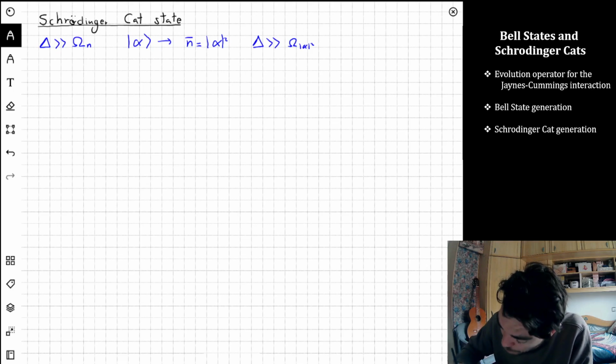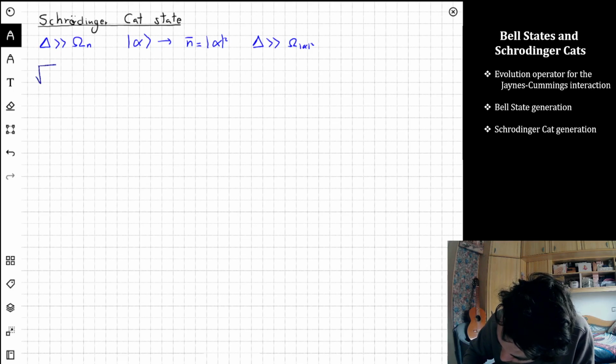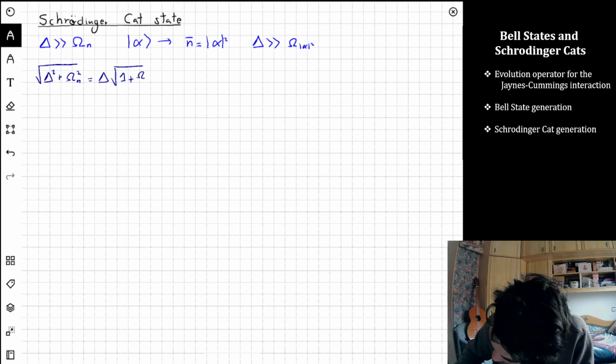So if this happens, then if you remember that we have this delta squared plus omega n squared, this can obviously be rewritten as delta square root of 1 plus omega n squared over delta squared.